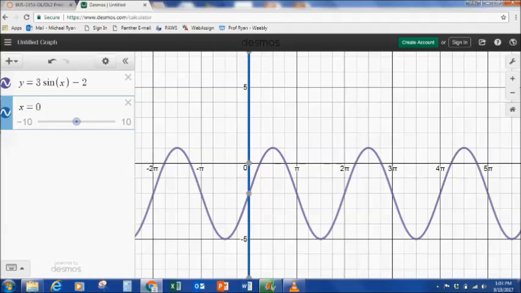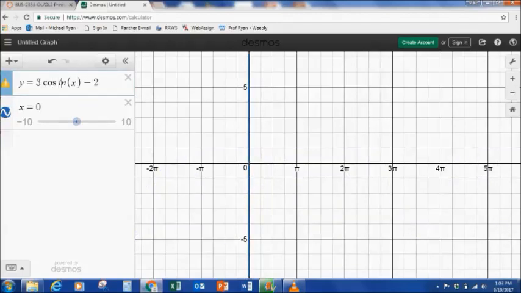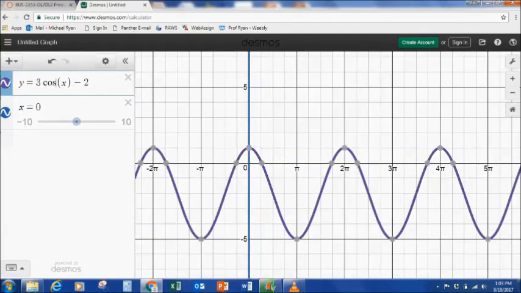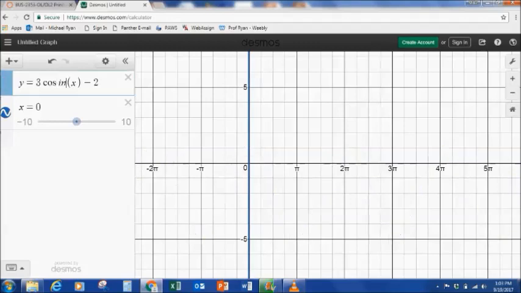Because at the y-axis, the graph starts in the middle, it's the sine function. It starts in the middle, it goes up, then down, then up. If it was the cosine function, it would start at the top of the curve and then just go down from the y-axis. So that's the big difference between sine and cosine.